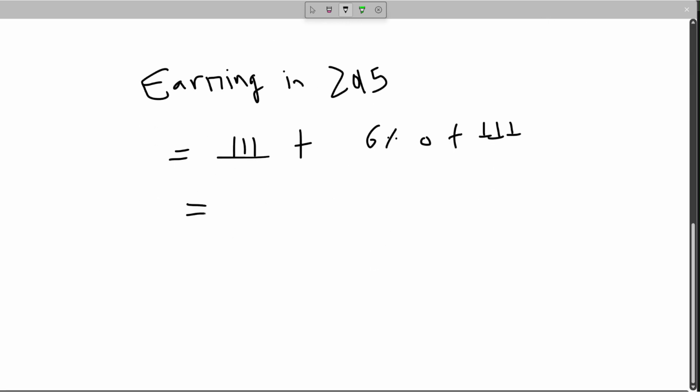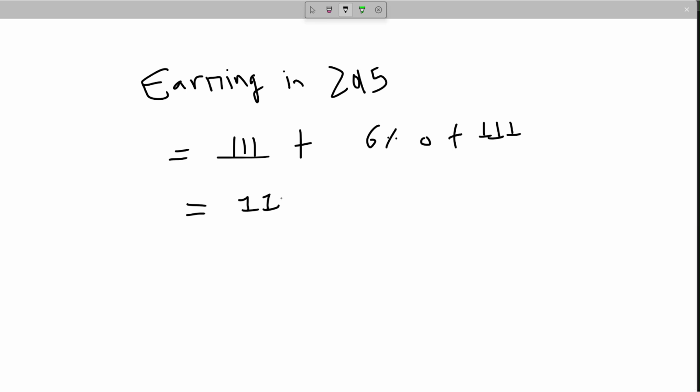So this will be equal to 111 plus 6/100 times 111. If I calculate this in my calculator, you may do that in yours as well, the value that we get is 117.66.